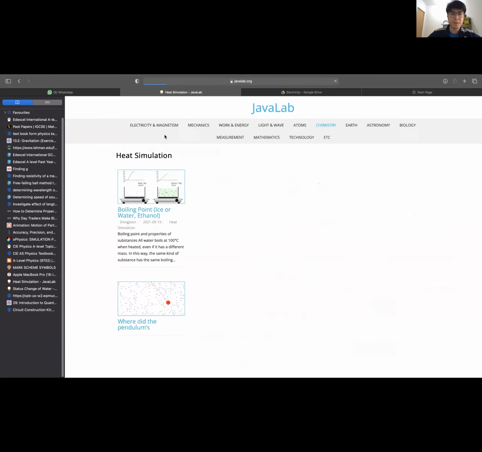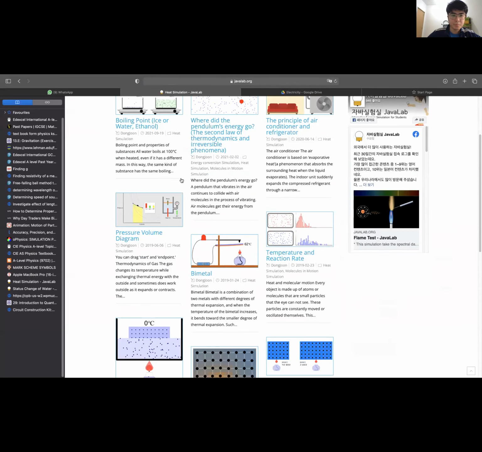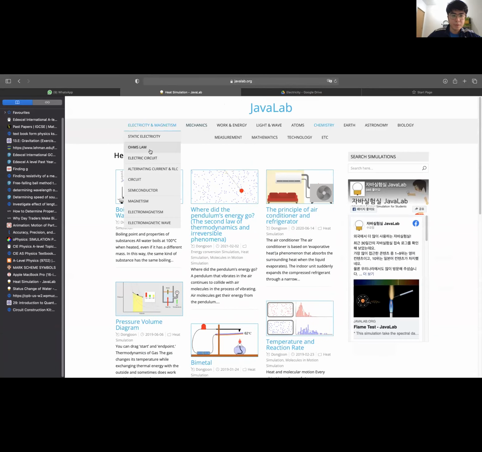I'm trying to find the bookmark. Electric circuit.